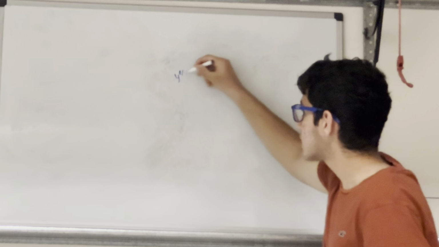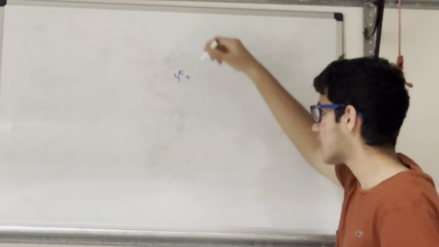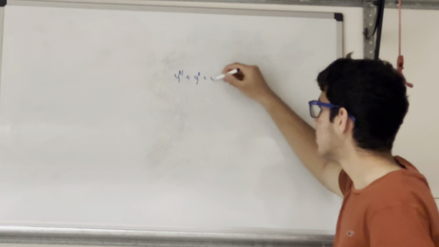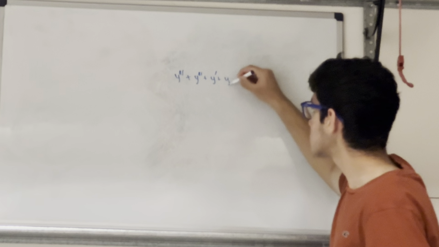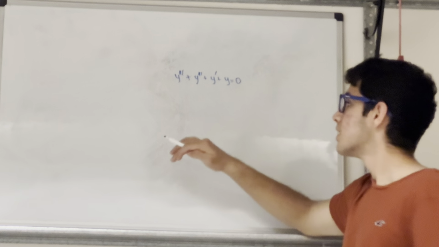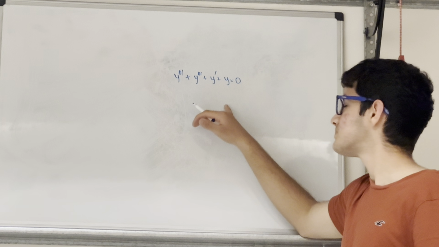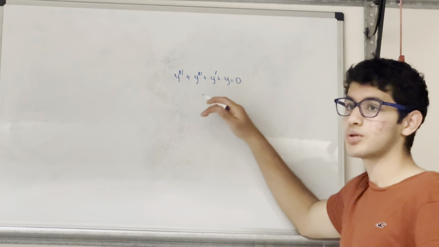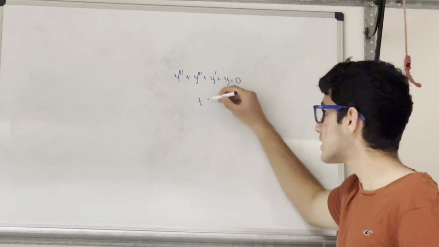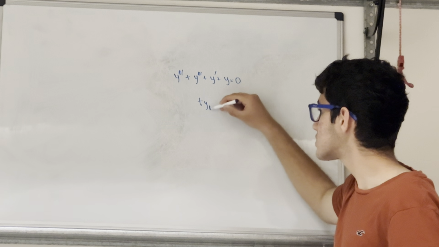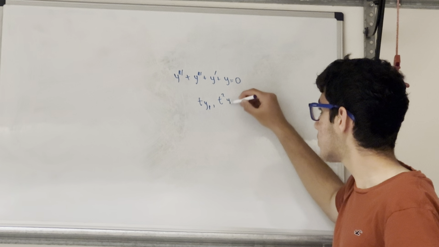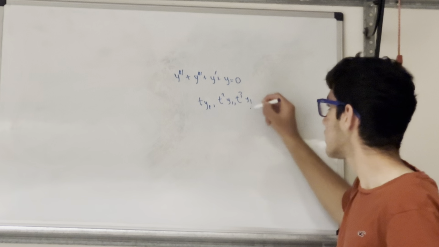And in future videos, when I deal with higher order linear homogeneous differential equations, an example of that would be y triple prime plus y double prime plus y prime plus y equals 0, something like this, you might end up seeing a similar formula, and over there, instead of multiplying by t times y1, you might also do t squared y1, t cubed y1, and so on.